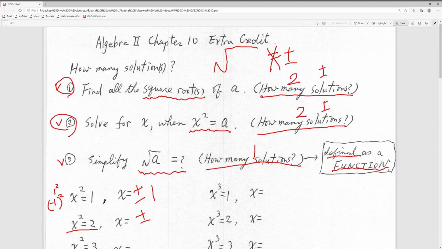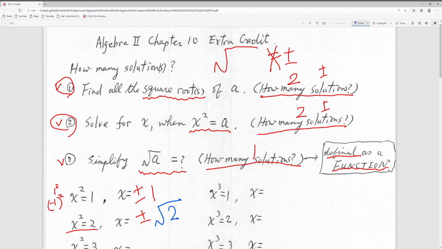So the mathematicians created this symbol. So the answer of the square root of 2, you say square root of 2.